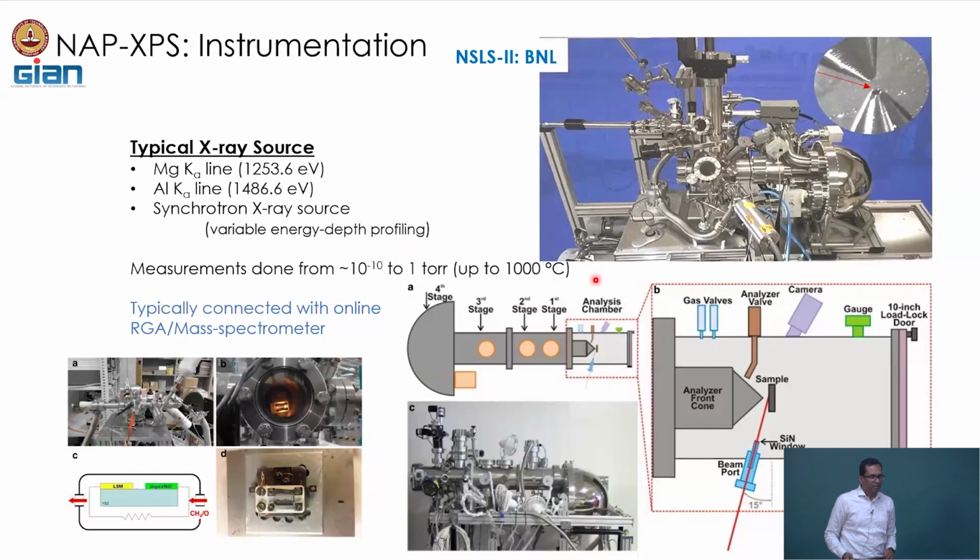So, there are two different types of heating. For resistive heating, the maximum we can achieve is about 600 to 650 degrees Celsius, but with laser heating we can go up to 1000 degrees Celsius. Okay.